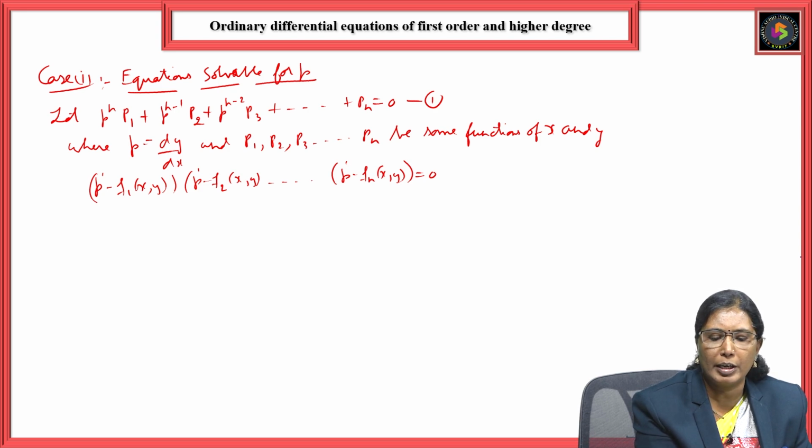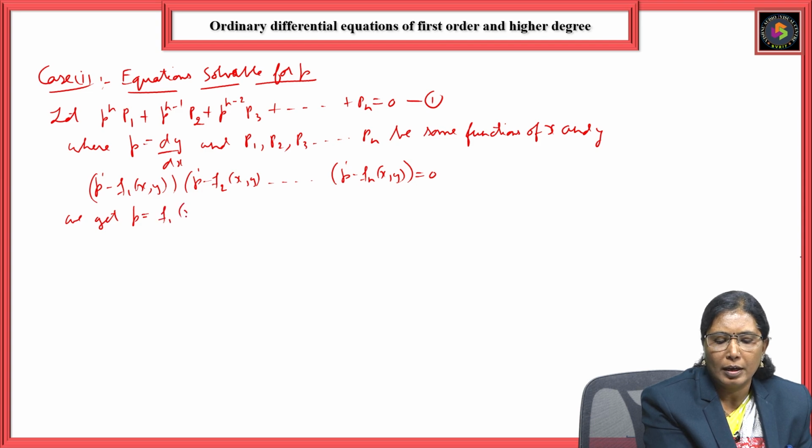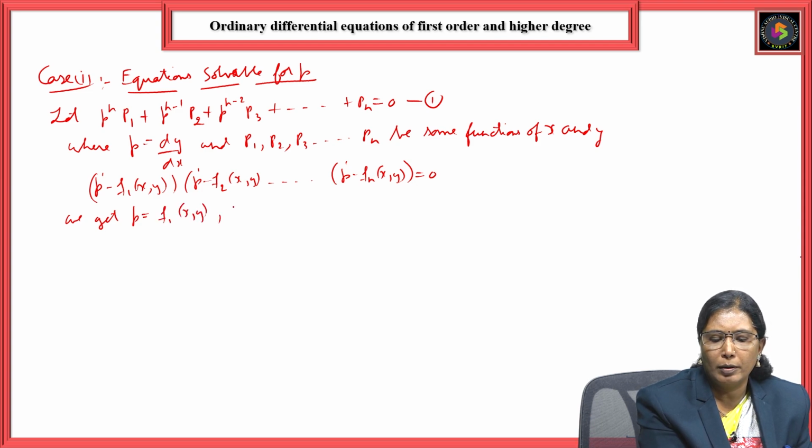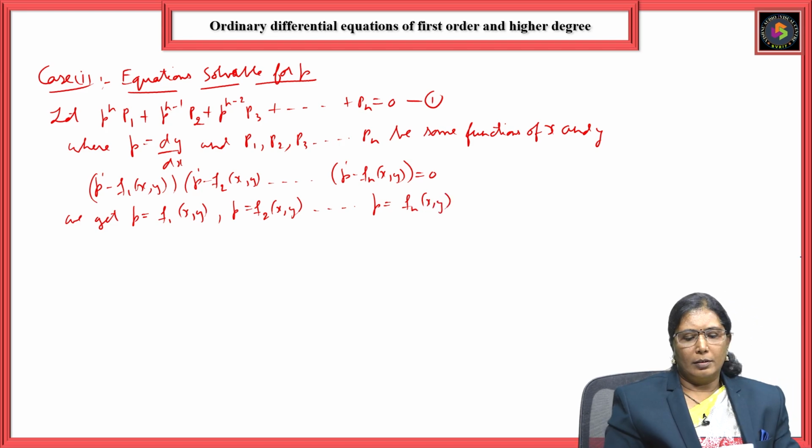Then we equate each factor to 0. So we get p is equal to f1 of x, y, p is equal to f2 of x, y, and so on, p is equal to fn of x, y.